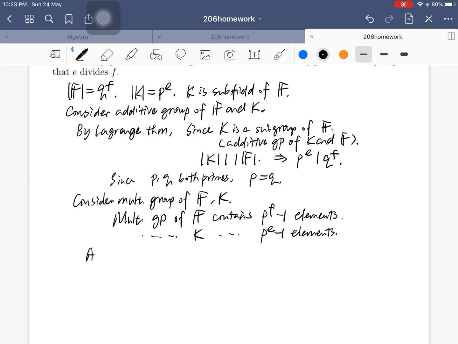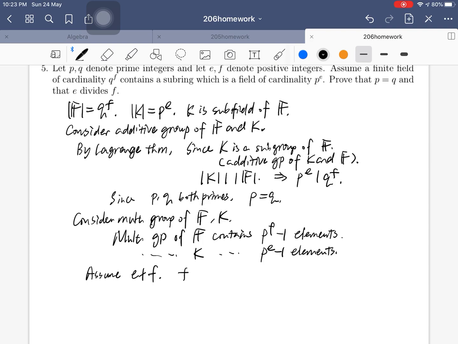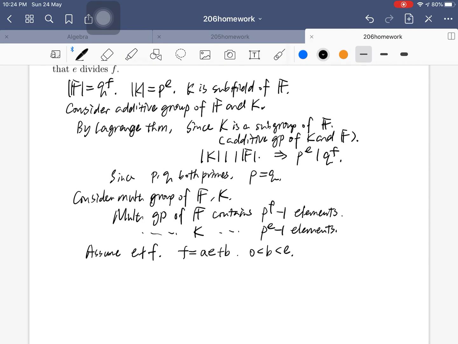So we assume, for contradiction, that e does not divide f. Then we can write f equals a e plus b for some non-negative integers a and b, with b strictly greater than 0 and strictly less than e, because we assumed that e does not divide f.